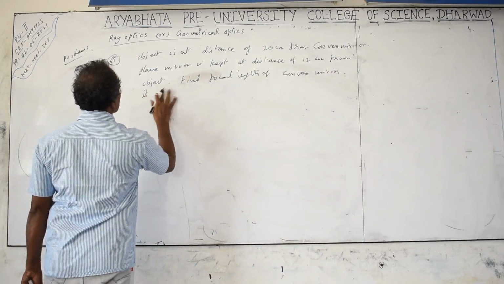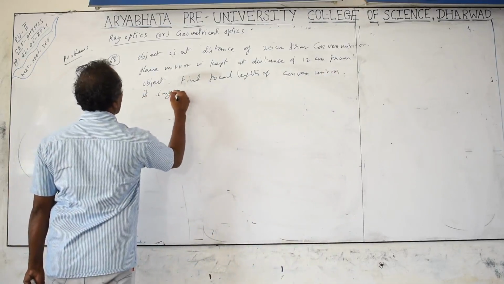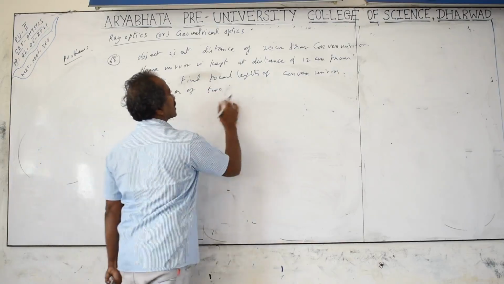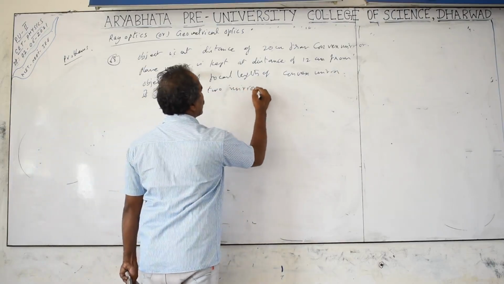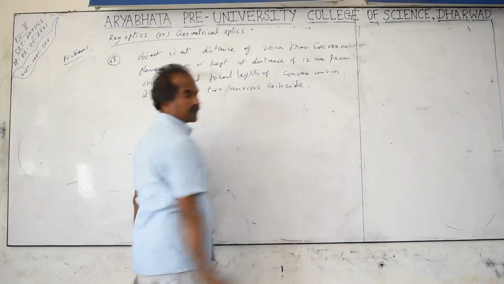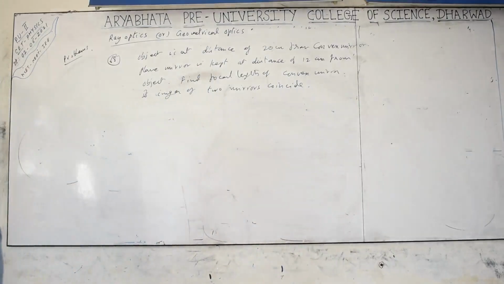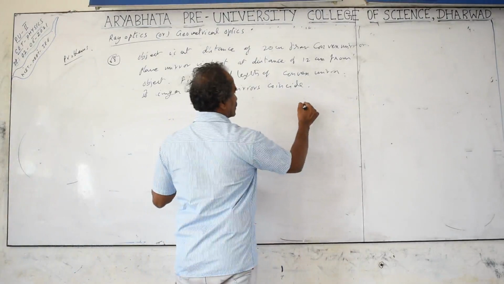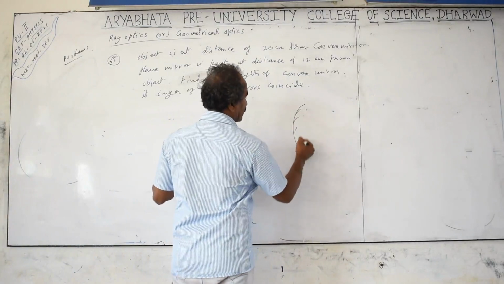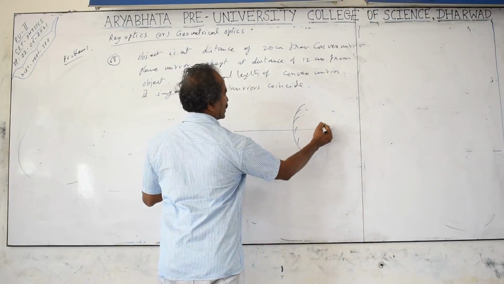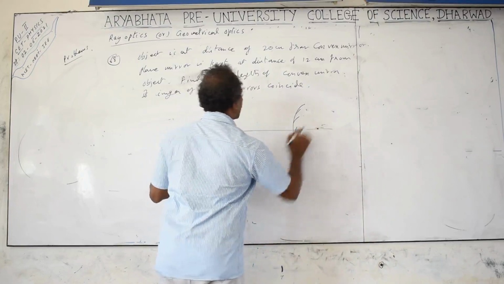If the images of the two mirrors, one a plane mirror and another a convex mirror, coincide, this is an important problem. In a convex mirror, the virtual image is always formed within the focus, but that is not important for us now.